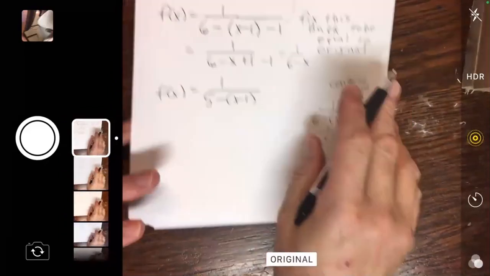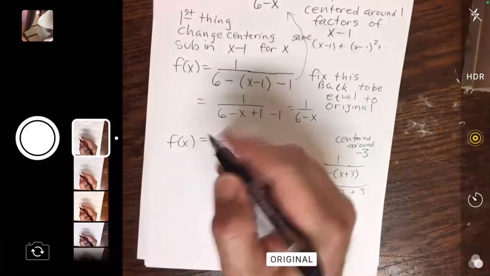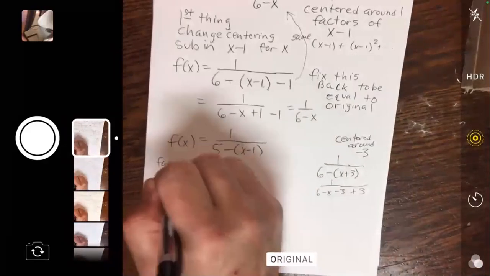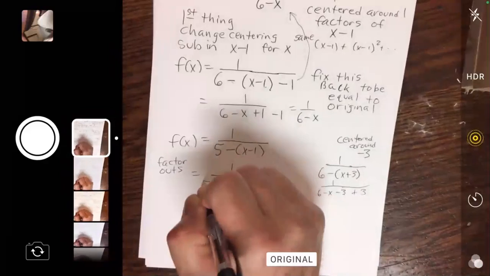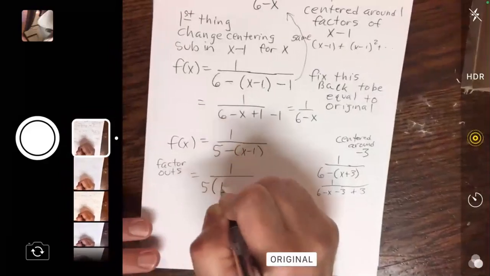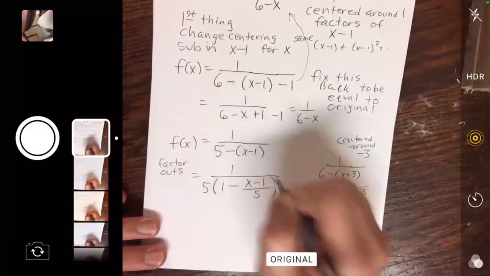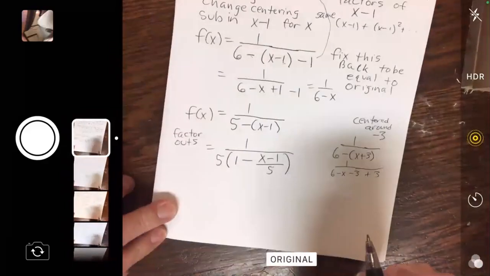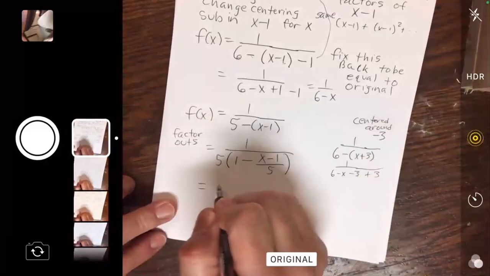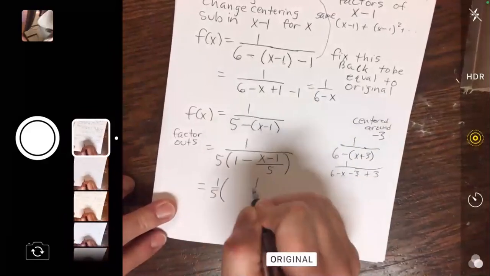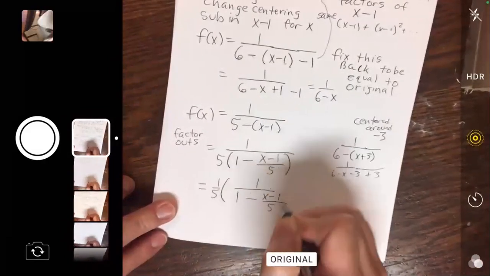Remember, I want to work it back to Formula 1 or Formula 2, which had a 1. So we're going to factor out the 5. 1 over 5, 1 minus x minus 1 divided by 5. You want to be really obvious with it, that's a 1/5, 1 over 1 minus x minus 1 divided by 5.